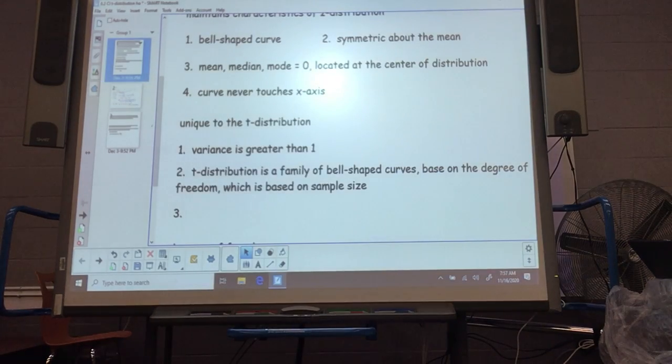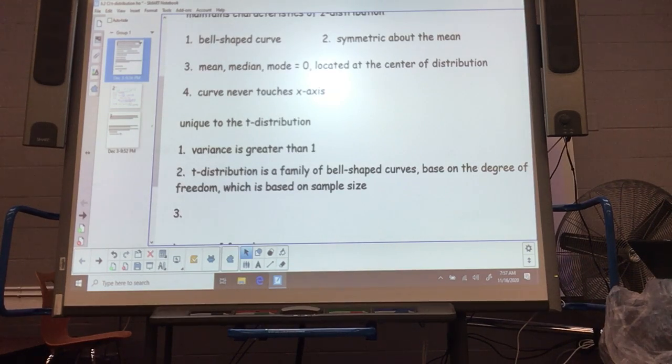The variance is going to be greater than 1. Where the Z distribution, with the normalized Z distribution, our variance was equal to 1, the standard deviation was equal to 1. When you talk about a T distribution, the variance is going to be greater than 1.